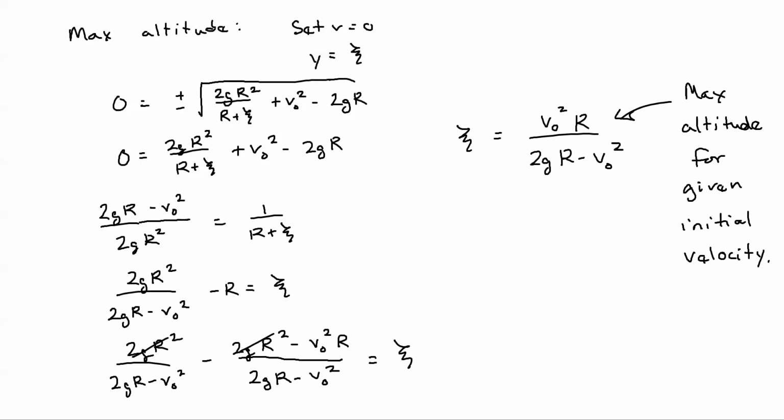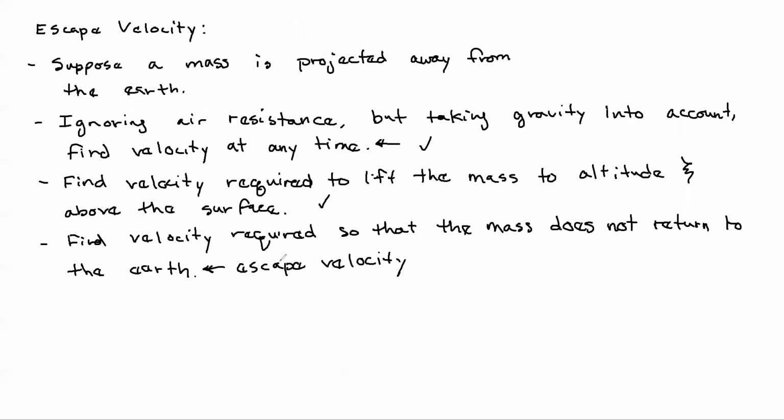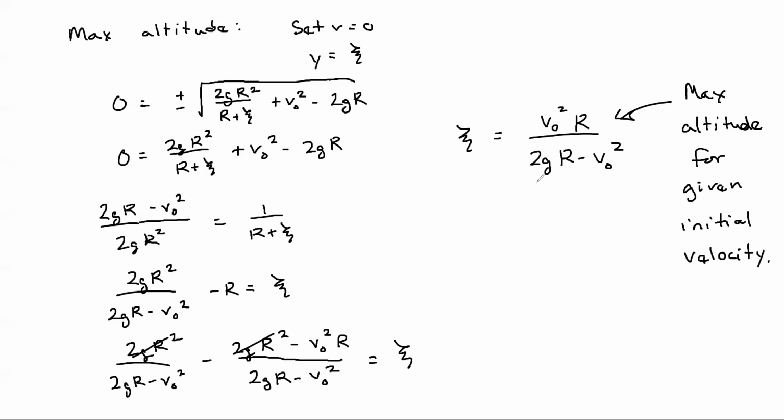Okay, so that takes care of this. And then the last thing, find the velocity required so that the mass does not return to the Earth. Okay, so in order to do that, we're going to solve for velocity in this equation.